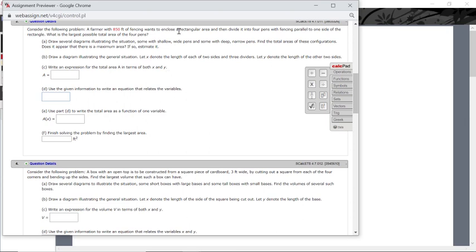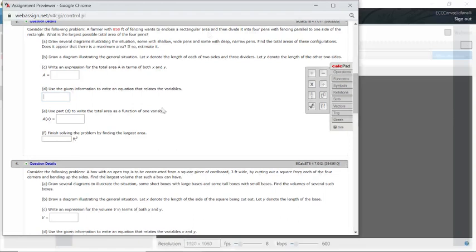Okay, what are they doing? Enclosing a rectangular area with 850 feet of fencing. Enclose a rectangular area that is divided into 4 pens with fencing parallel to one side of the rectangle. So you start with a larger rectangle, and then you subdivide that rectangle into 4 pens. They probably don't have to be equal sized pens because you're finding the total area. Now how is that construction in that diagram going to relate to the associated constraint equation?